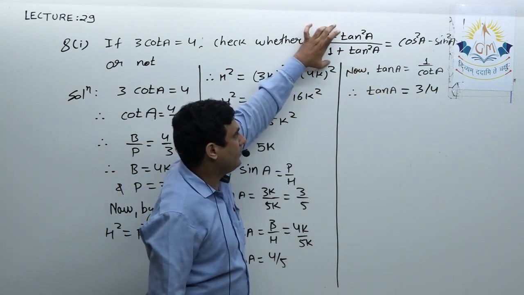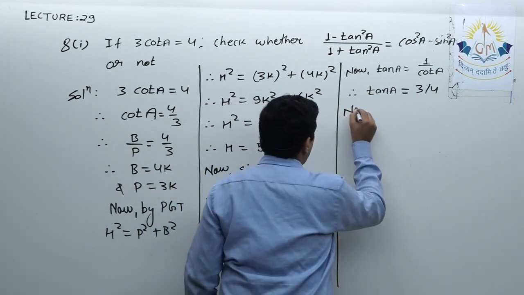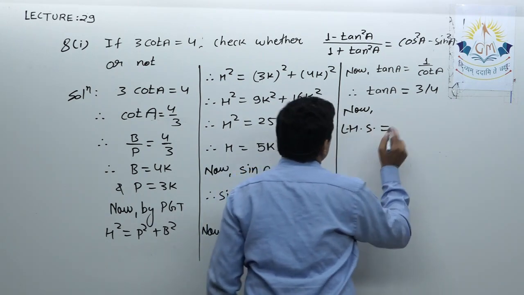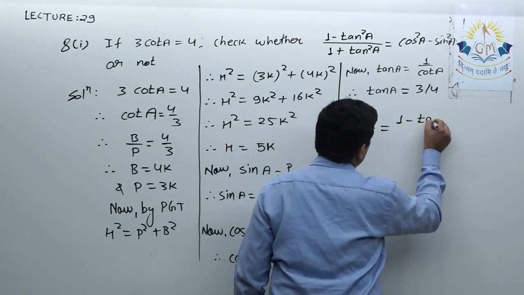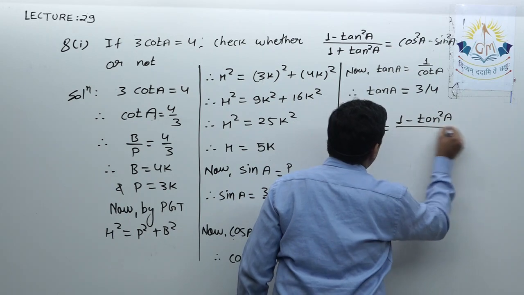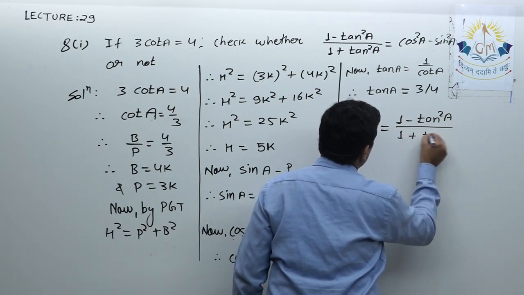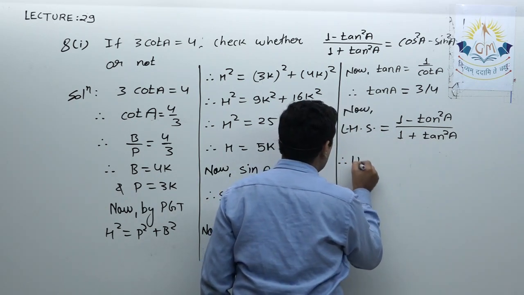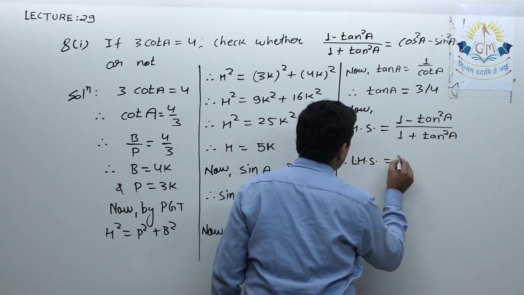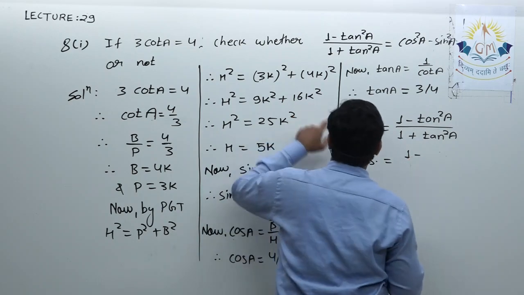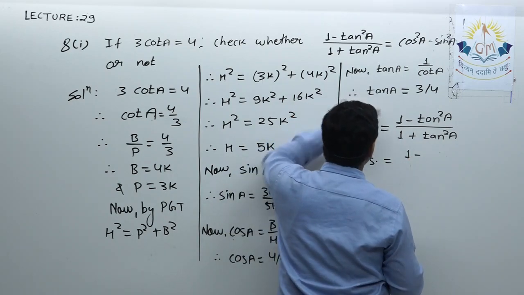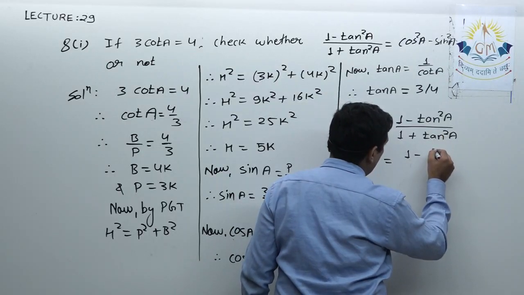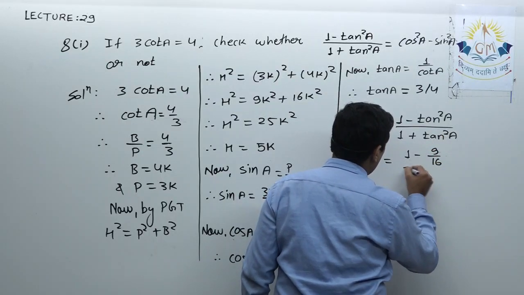Now I will start with the left hand side, which is 1 minus tan square A upon 1 plus tan square A. Tan A is 3 by 4, so tan square A will be 9 upon 16.